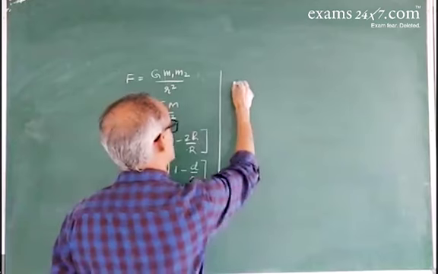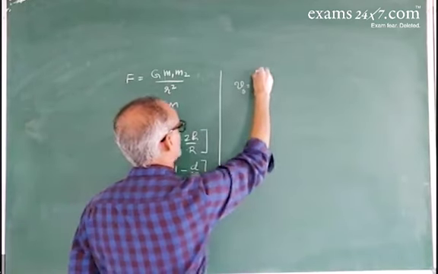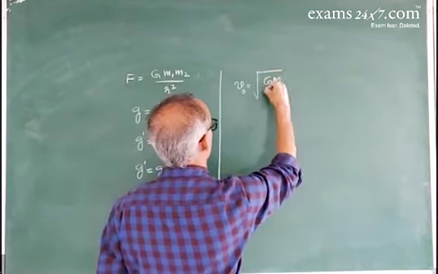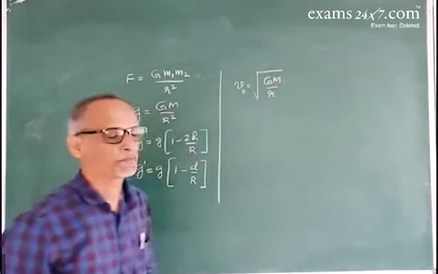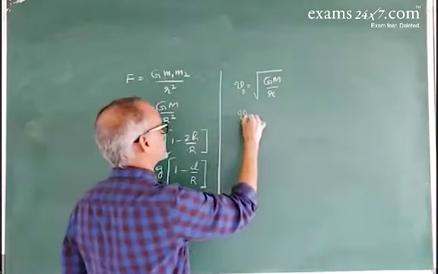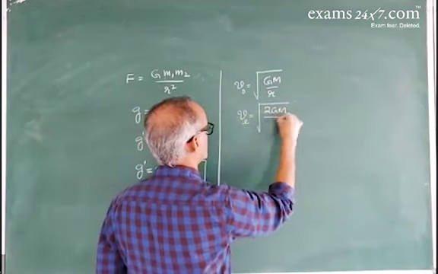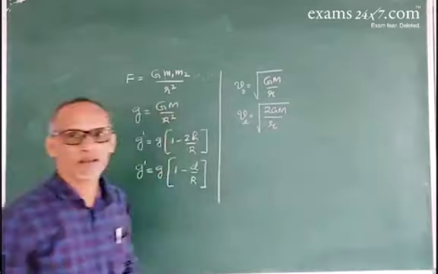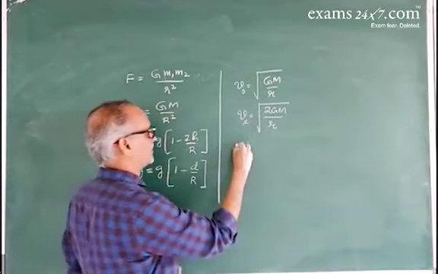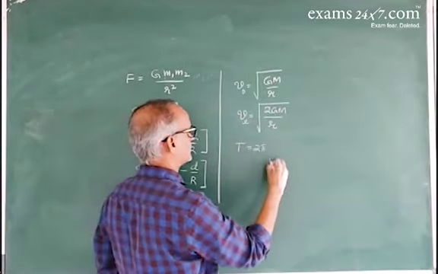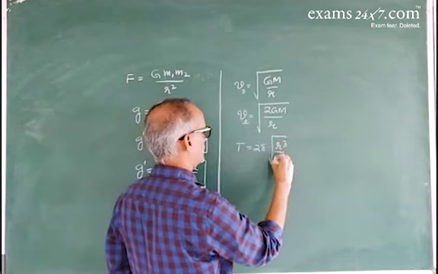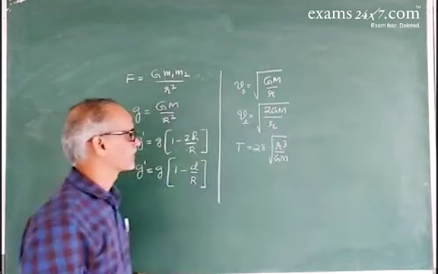Orbital velocity of a satellite, V0 is equal to root of GM by small r. Escape velocity of a body, Ve is equal to root of 2GM by r. Time period of revolution of a satellite, T is equal to 2 pi root of r cube by GM.